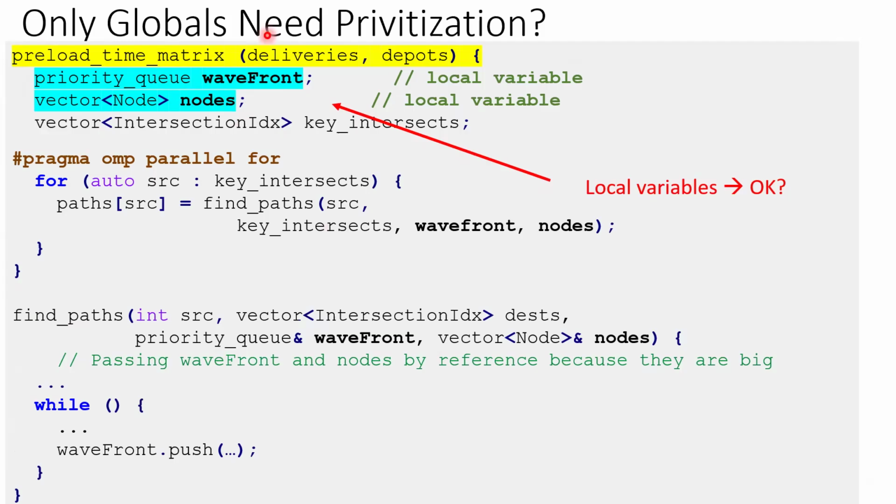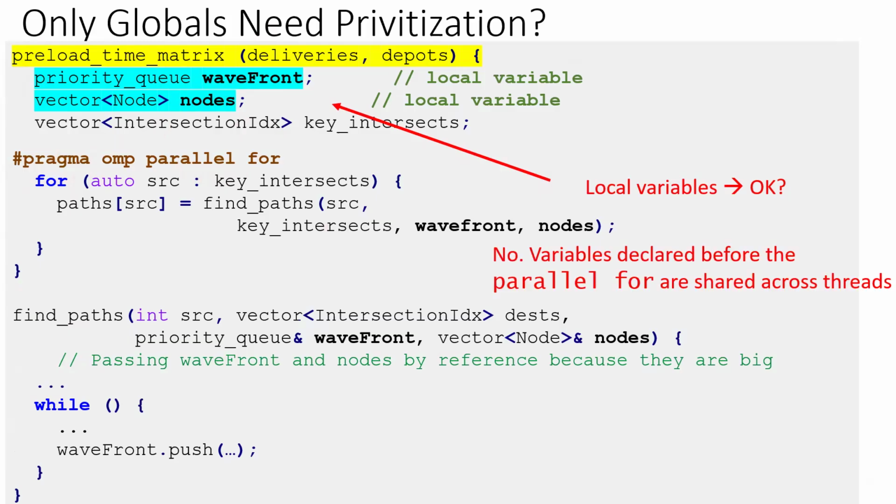Remember, they're local variables that are before the pragma OMP parallel for. Are they private or shared? They're shared. So even if they are local variables, they're still shared. Local variables declared before the parallel for are shared, so it still won't work.